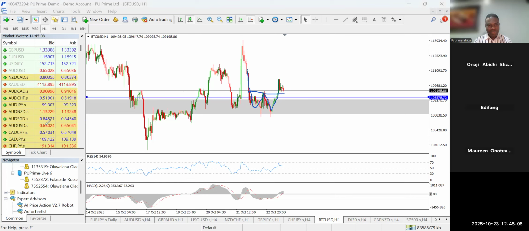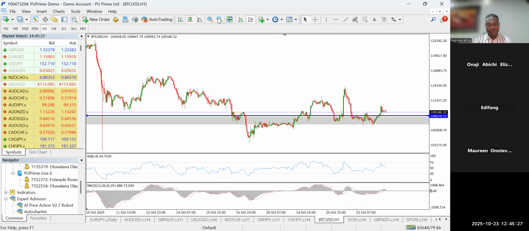But aside from that, I'm not really getting clarity, except the fact that I'm possibly seeing a head and shoulder around that key level. All right, so what may happen is this. It's not really so clear what is happening at the moment.